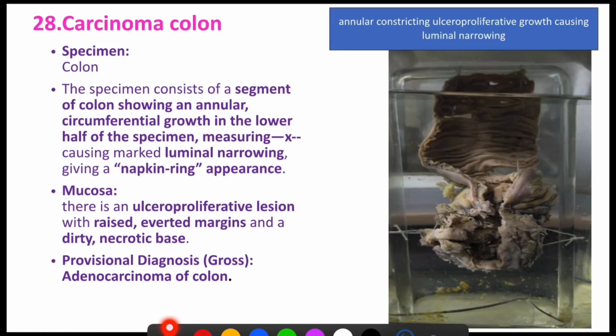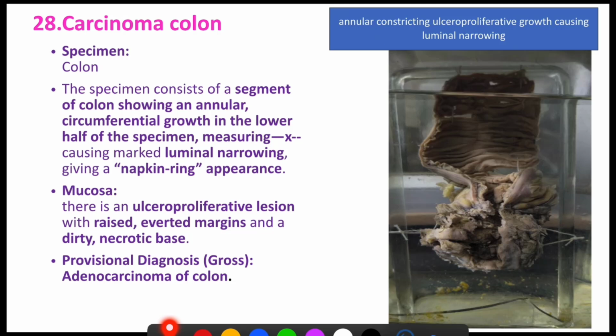This is the example of malignant tumor of colon. This is called CA colon or carcinoma colon. Here you can describe this specimen like this: this is a segment of intestine measuring this by this centimeter. Here the upper part of the specimen looks normal, but the lower part is showing a growth which is ulcerated in nature.